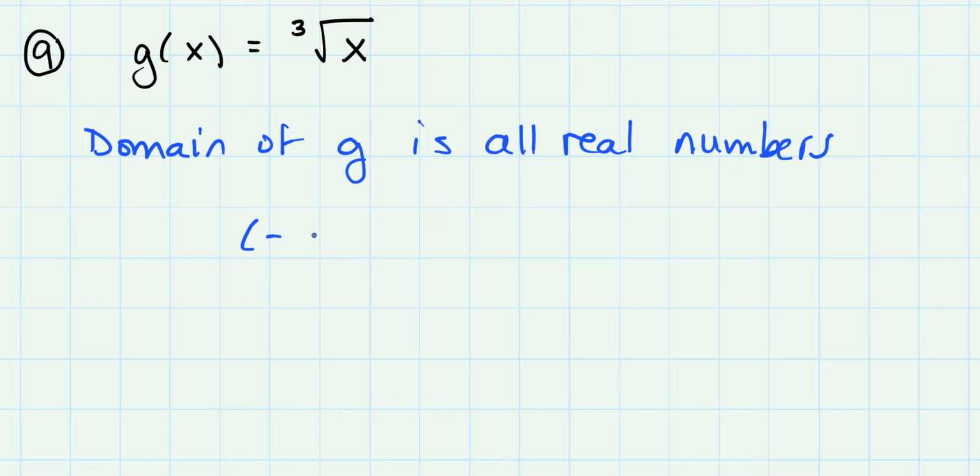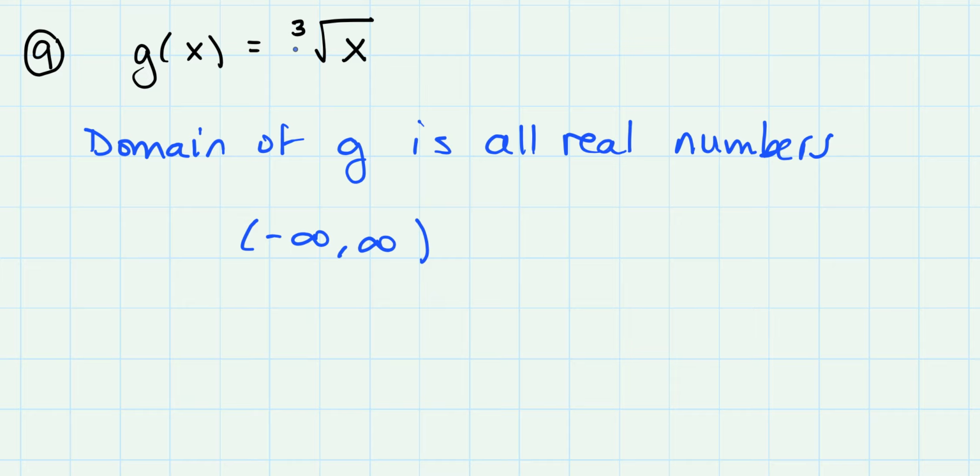So again, negative infinity to infinity. How do I know that? I'm going to teach you a little trick here. If this number here is odd, the domain is always all real numbers. If this number is even, then whatever's under here has to be greater than or equal to 0. Why is that?